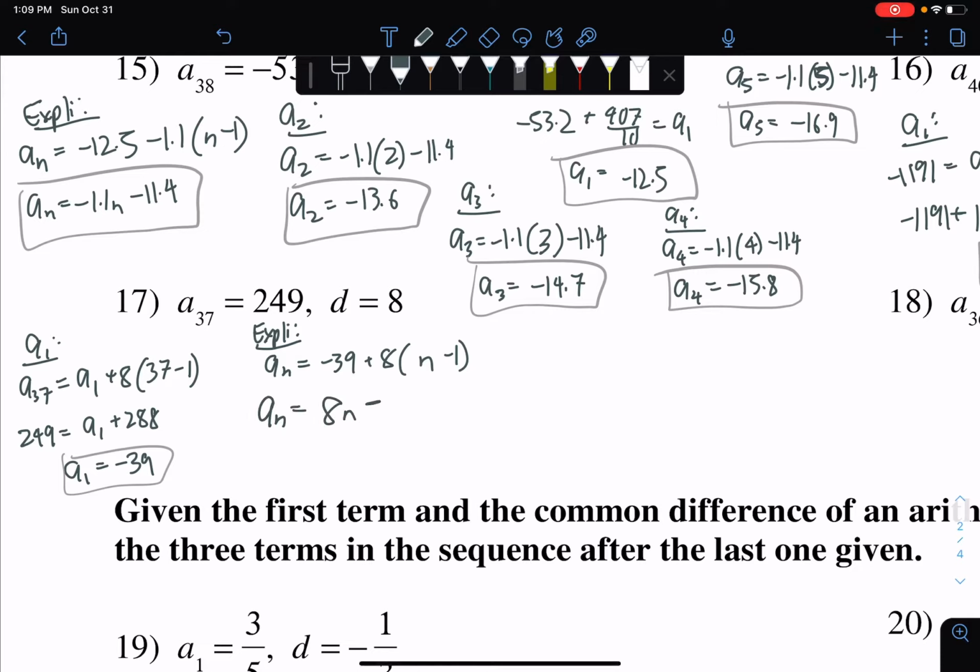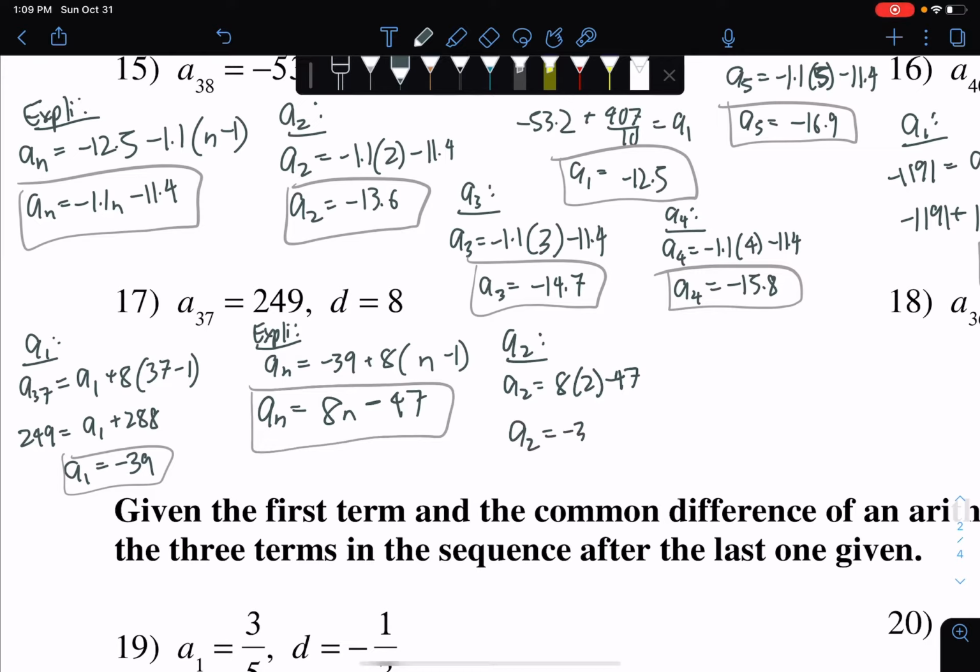Then negative 39 plus negative 8 is negative 47. So it's basically minus 47. Okay, so let's find a sub 2. A sub 2 is equal to 8 times 2 minus 47. 16 minus 47 is negative 31.